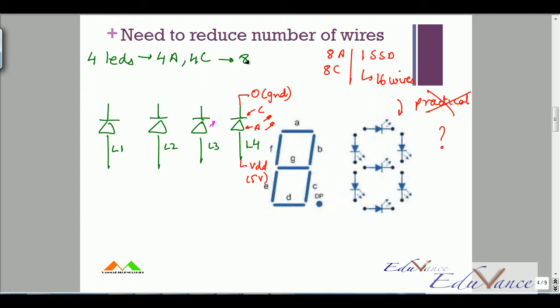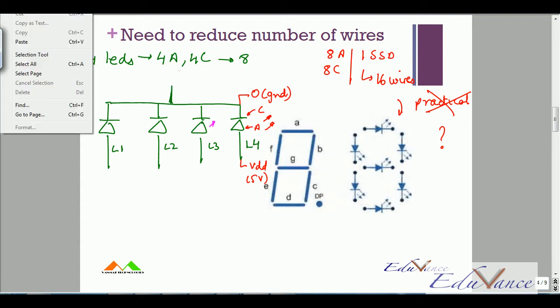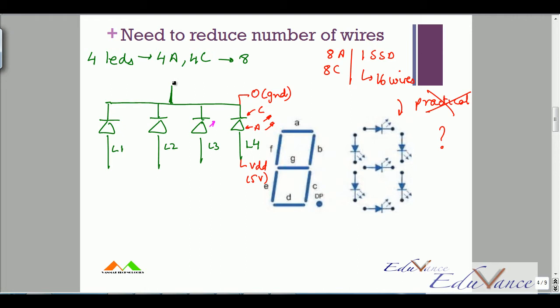Now, what if I can connect all the 4 cathodes to one common terminal? If I can connect all the 4 cathodes to one common terminal, which is ground, and leave the other 4 anodes open.